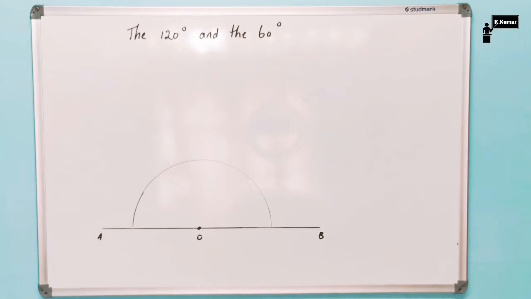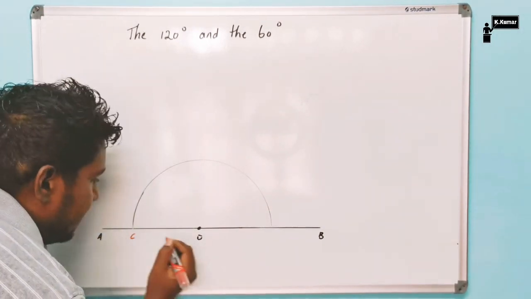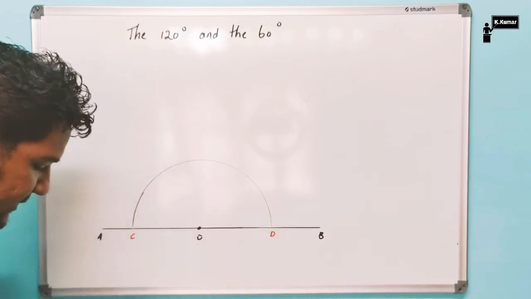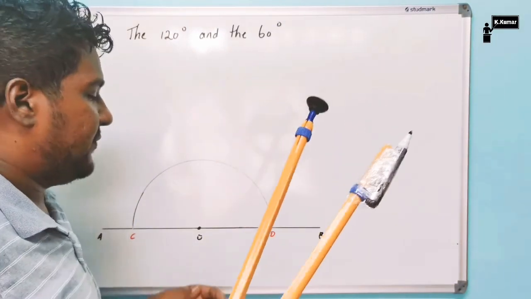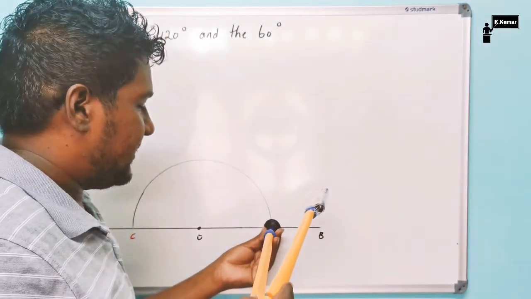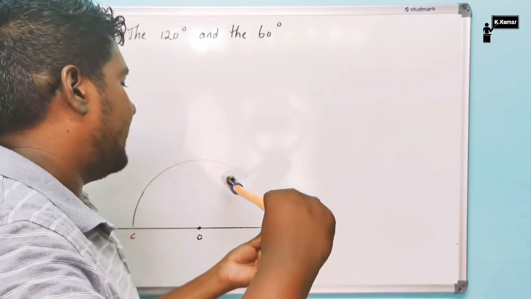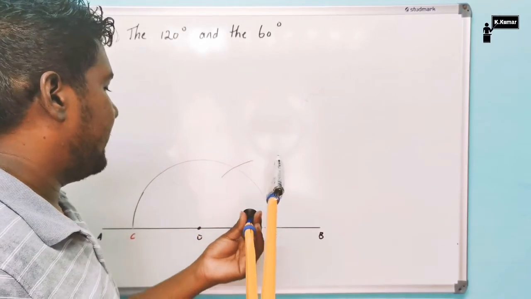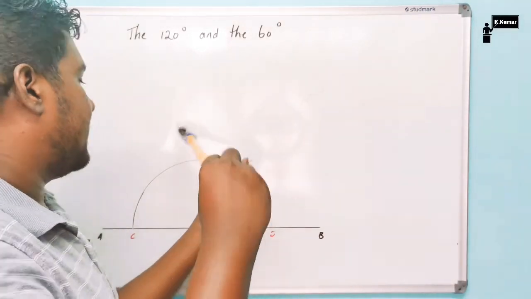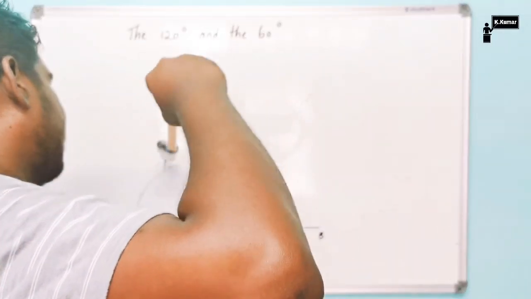Now let's rename the 2 points. So let's call this C, and let's call this D. Now the next step, remember you're keeping your same measurement. You place the compass point at D, and then you scribe an arc to cut the semicircle, and then you move to this arc, and then you scribe another arc.